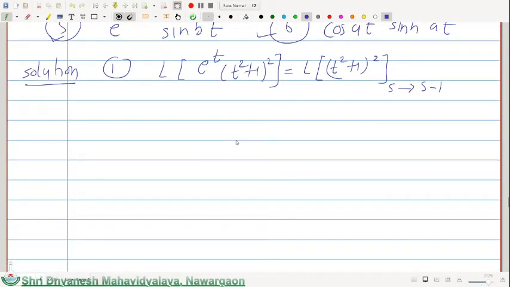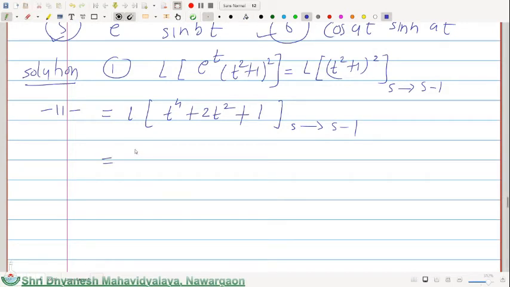So keep this side as it is. Laplace transform of t square plus 1 whole square. You first expand this bracket. So Laplace transform of this will be t power 4 plus twice t square plus 1. You are going to replace s by s minus 1.